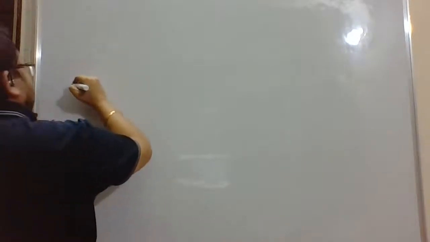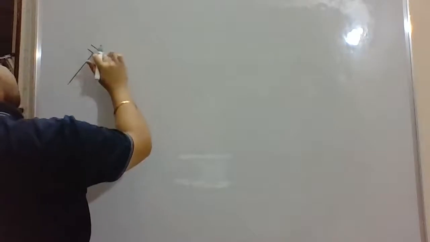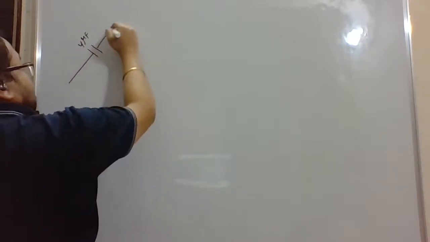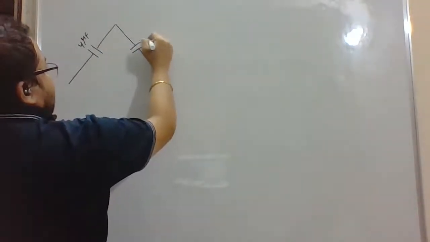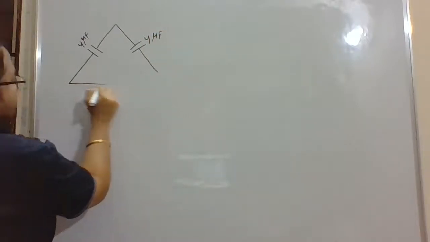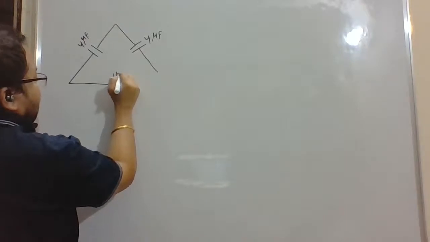Say we have a triangular shape where we have one capacitor here that is 4 microfarad. We have one more here, again 4 microfarad. Say we have one here that is 1 microfarad.